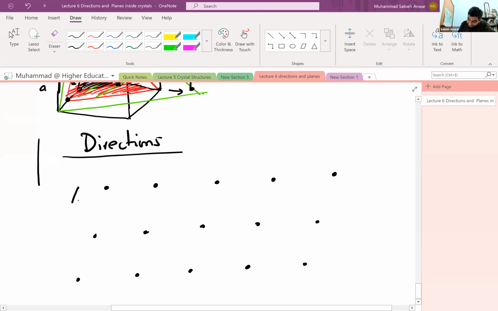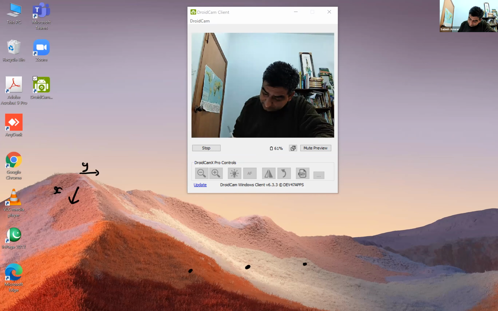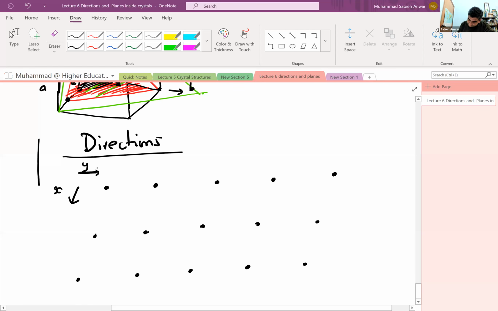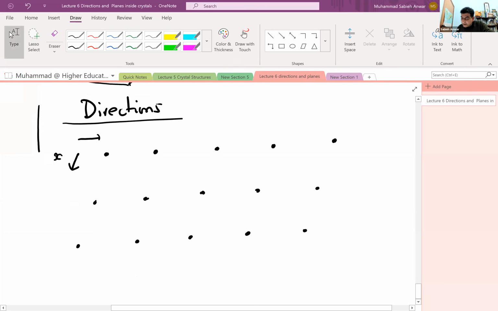So here is my x-axis and here is my y-axis. Now I'm interested in finding out directions inside the crystal or inside the lattice instead of planes. I've talked about planes, so far so good. Let's talk about directions now.